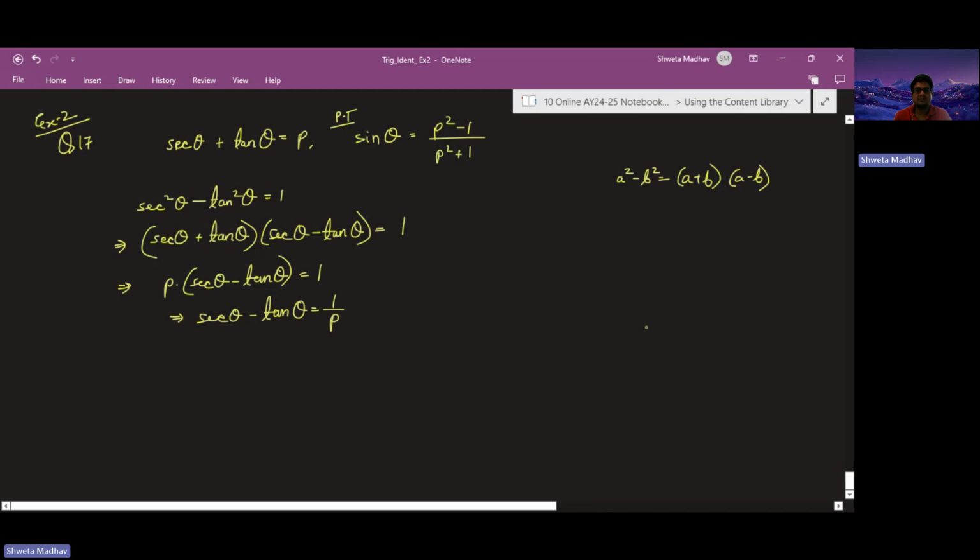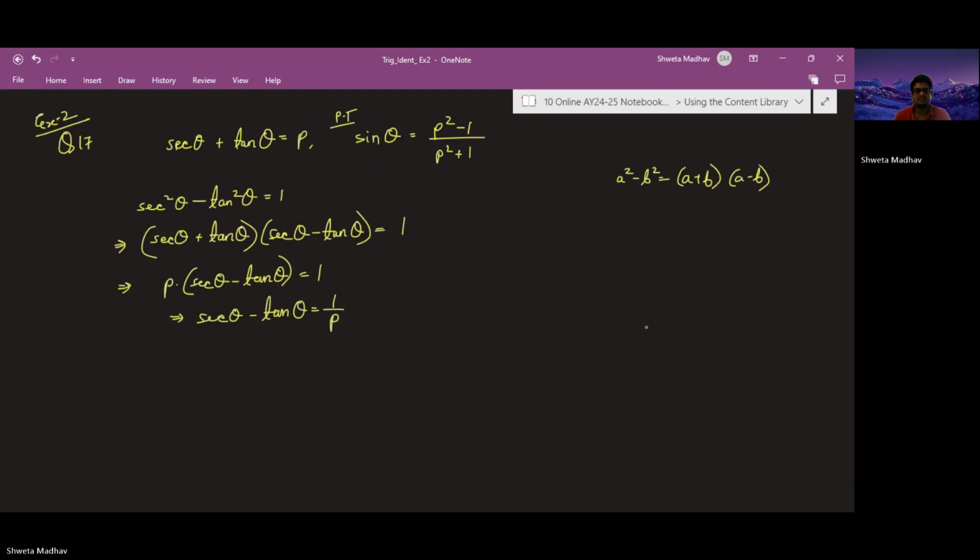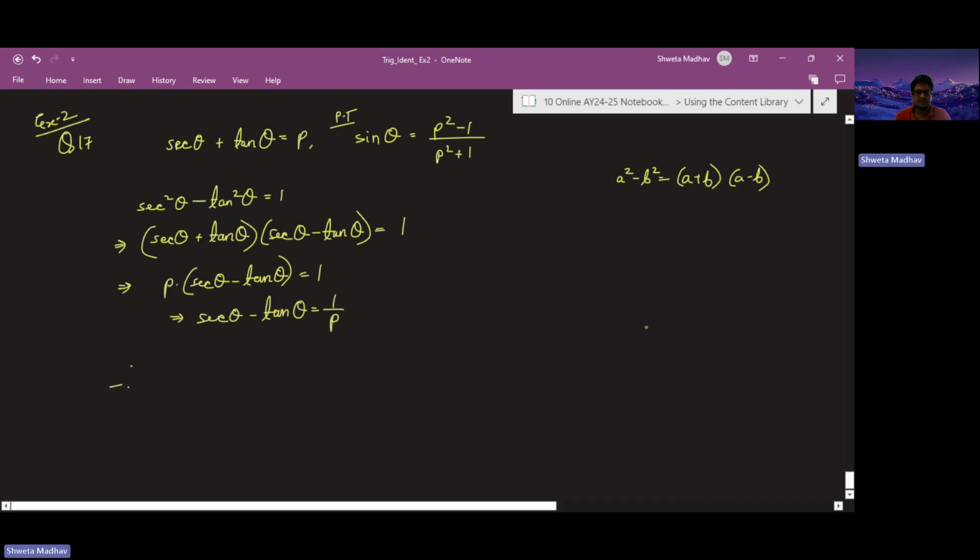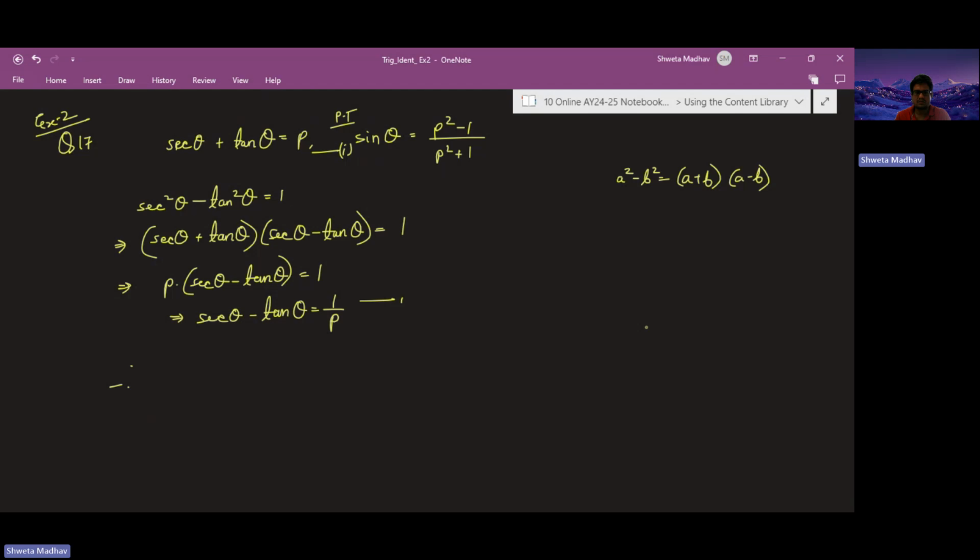Now if we add these two equations, we will get the value of sec theta. Adding equations 1 and 2, we get 2 sec theta, and tan theta gets cancelled, which is equal to p plus 1 by p.